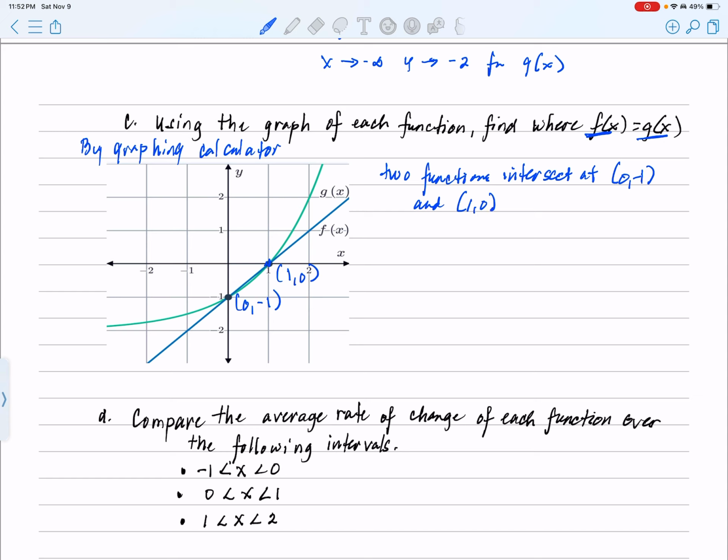So what does this mean? That at x equals 0 and x equals 1, the two functions are equal to each other.